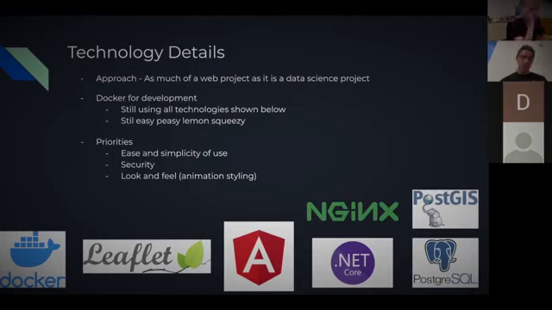The priorities for the technological side and the development pieces of this I think are in just about this order for us. Ease and simplicity of use is really important. I think one of the biggest frustrations that we've heard expressed from our main contact at West is just about how hard this process can be for him.